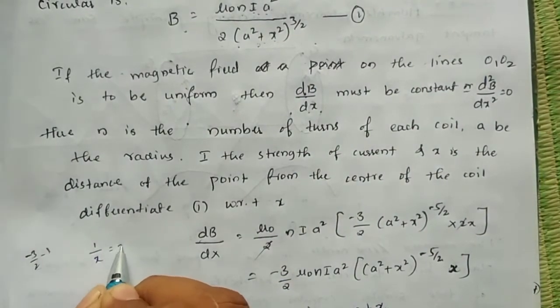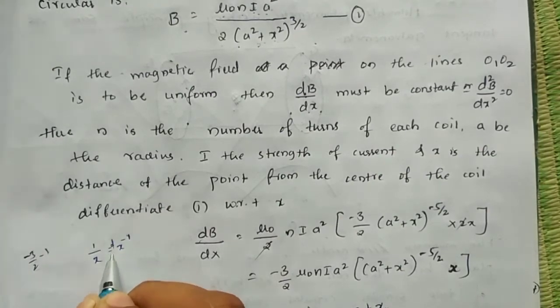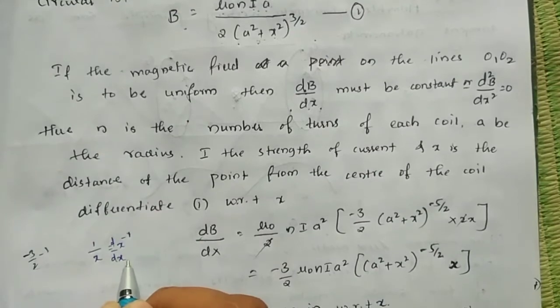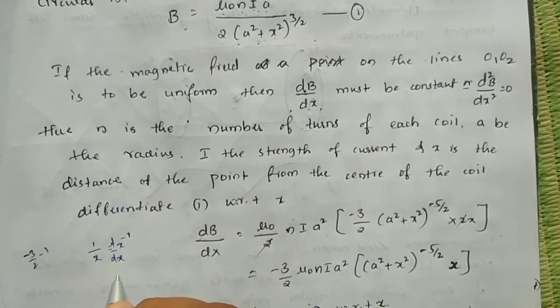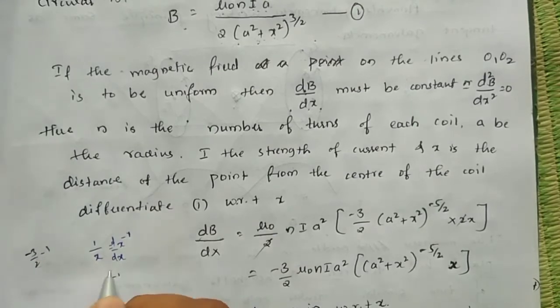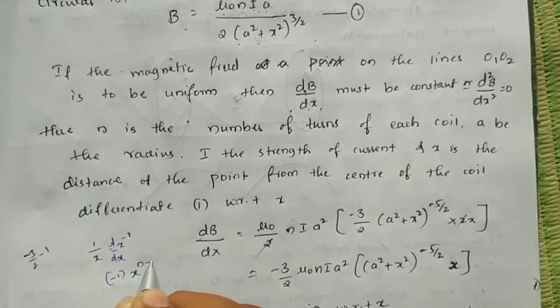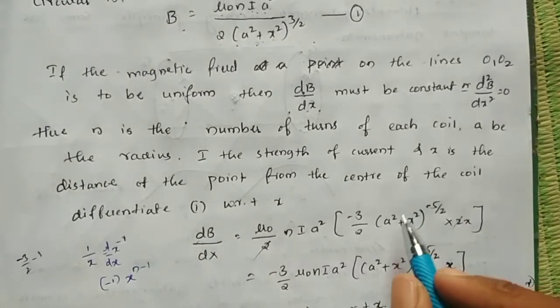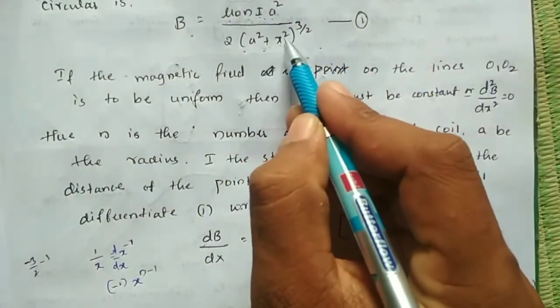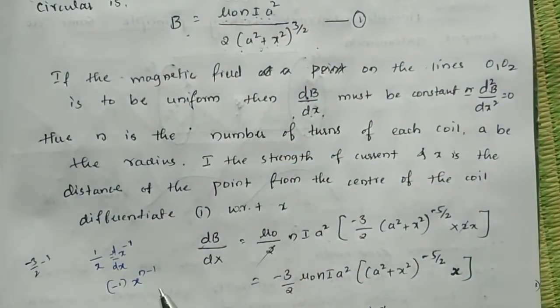For 1 by x differentiation, you take x to the power minus 1. So d by dx of x to the minus 1 is minus 1 times x raised to n minus 1. So you have to differentiate this 1 by (a square plus x square) whole raised to 3 by 2. It is in the form.